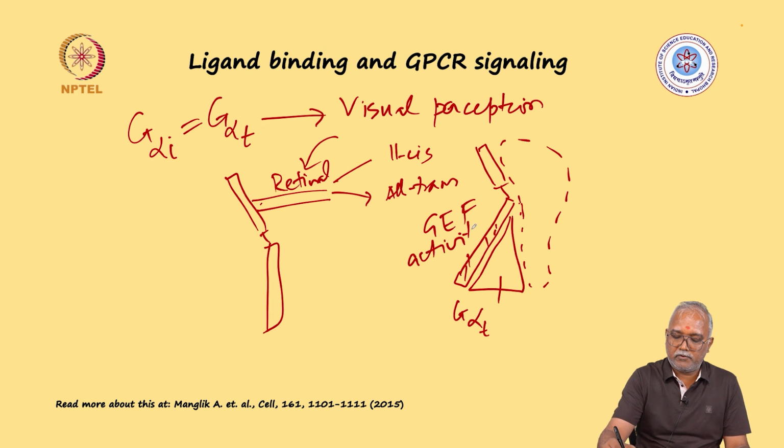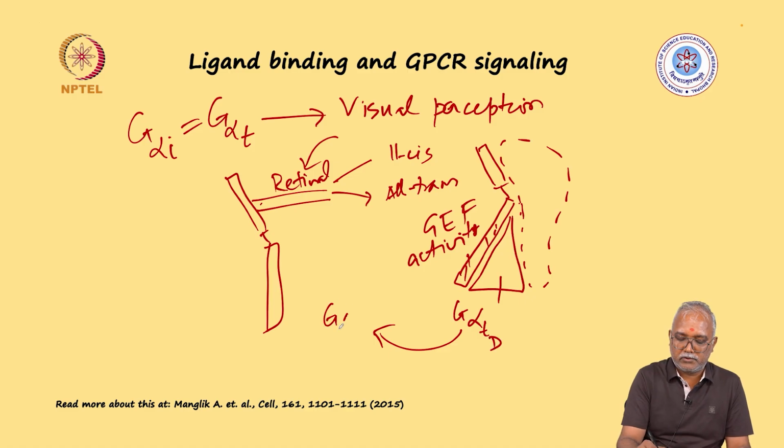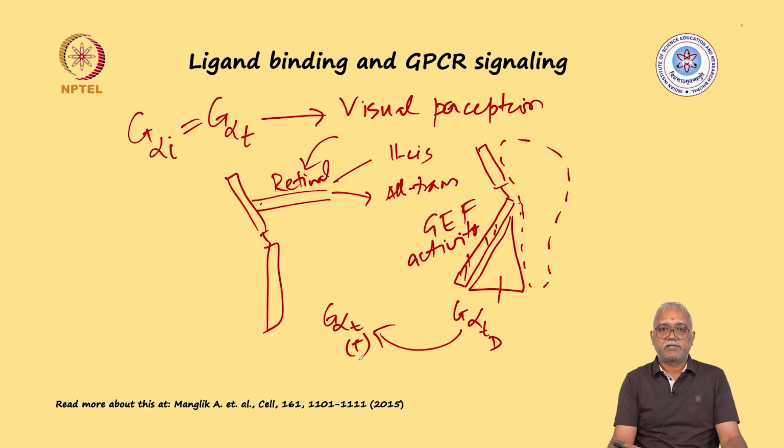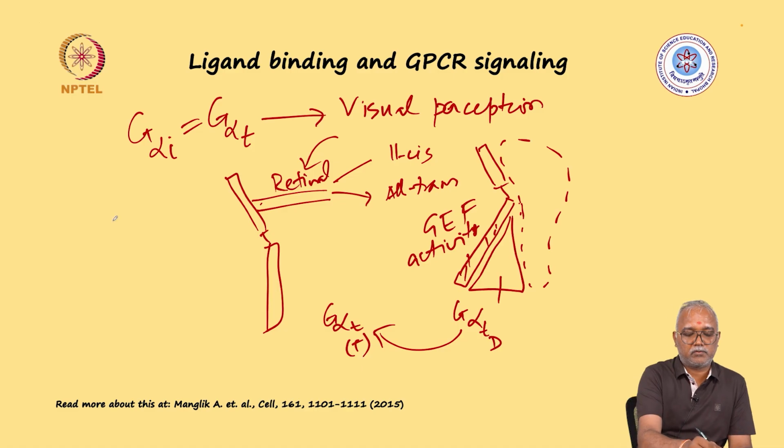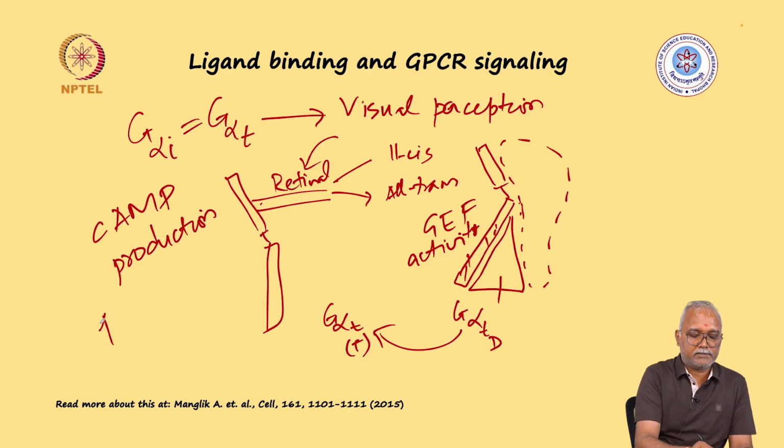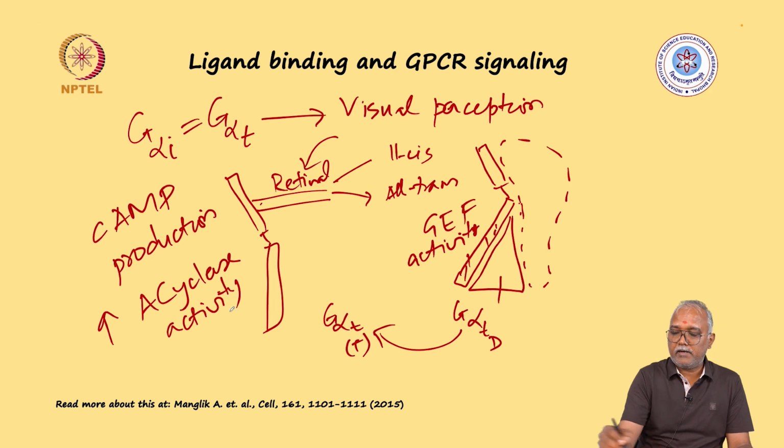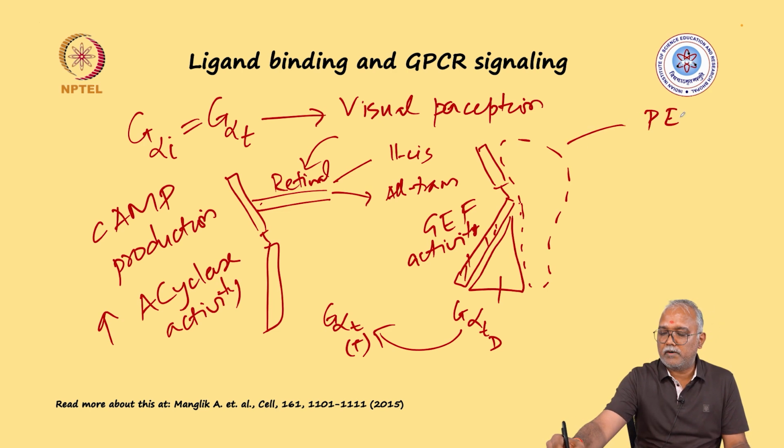Now this GEF activity will convert G alpha T or S from a diphosphate-bound situation into a triphosphate-bound situation, which is active. And we saw in the case of S, it was working through cyclic AMP production, increasing adenylyl cyclase activity, but here it will work through phosphodiesterase and reduce cyclase activity.